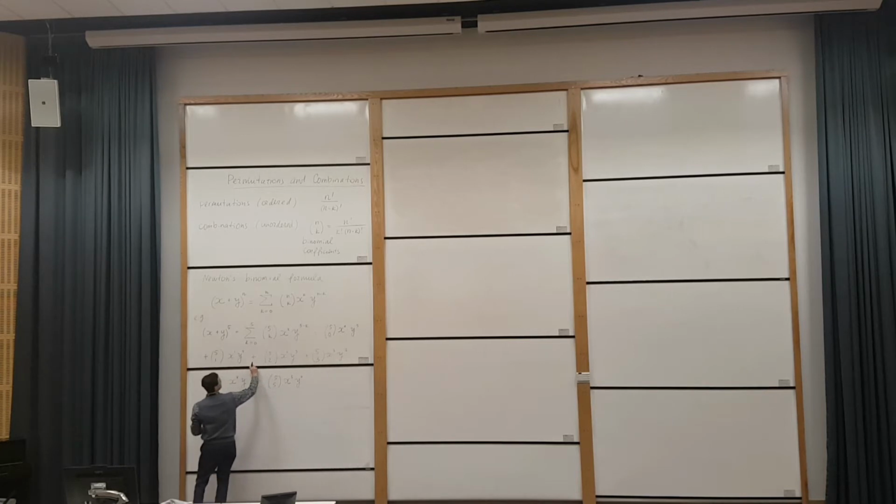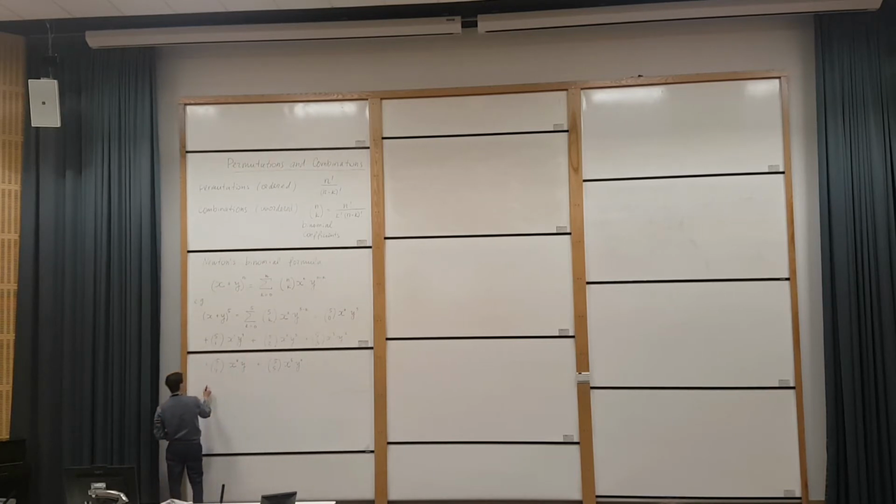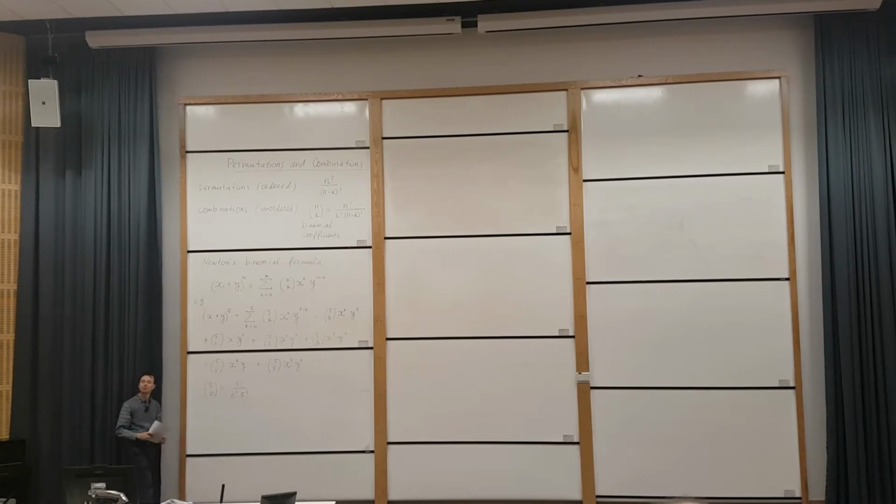And these binomial coefficients can be calculated explicitly. So 0 out of 5, well, that's 5 factorial over 0 factorial, 5 factorial. So 0 factorial, I remind you, is set to be equal to 1.